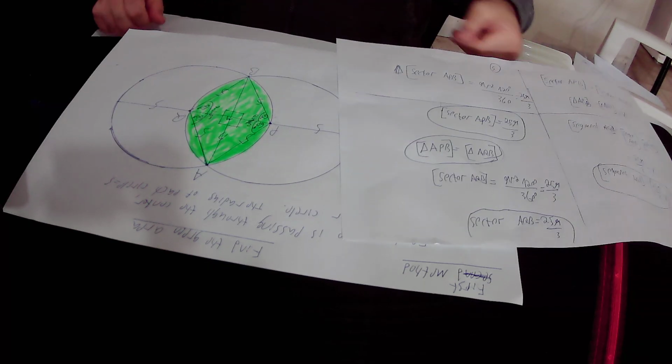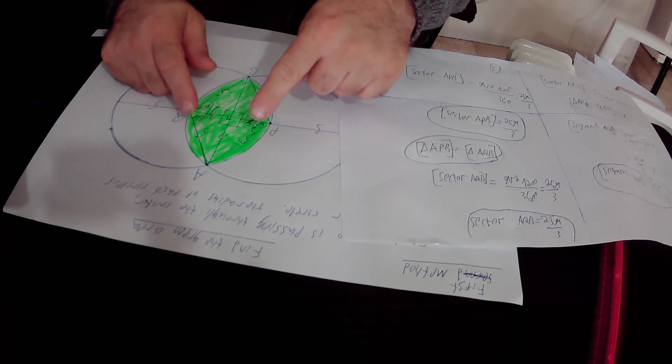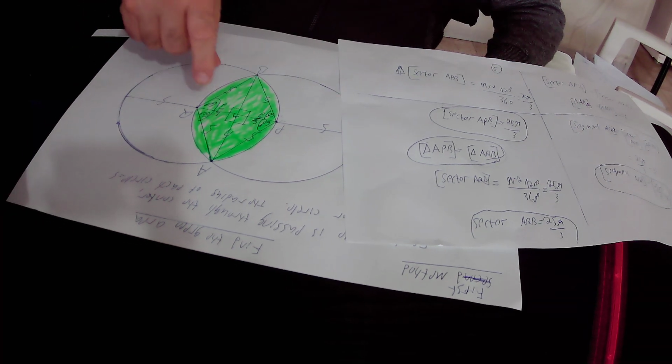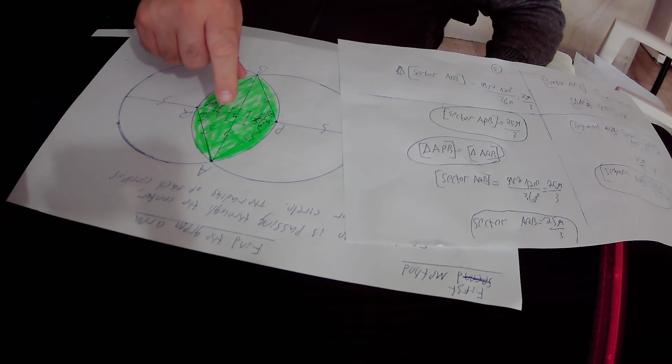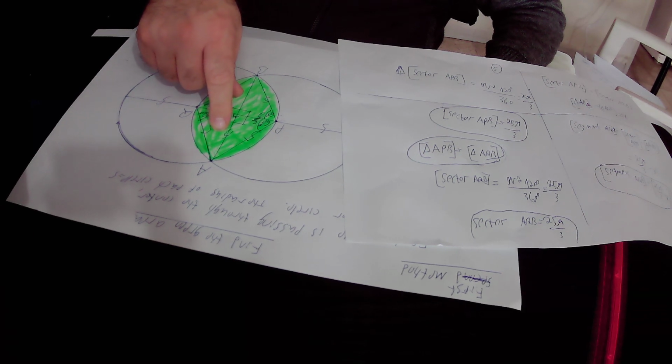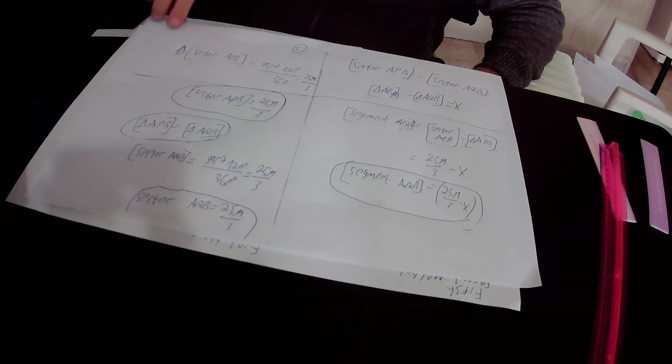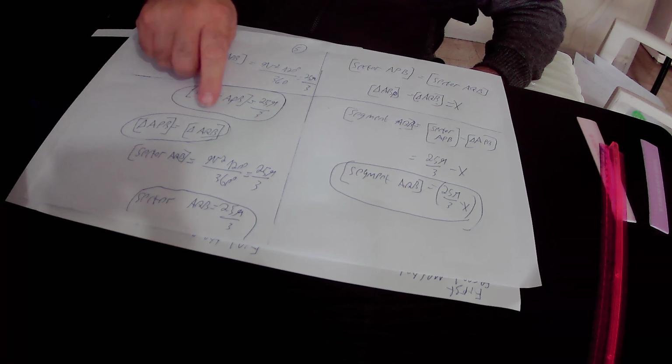Okay, so sector AQB is equal in its area to sector APB.